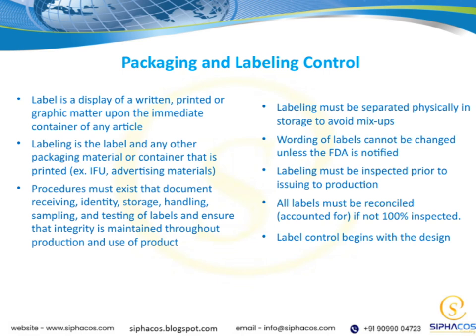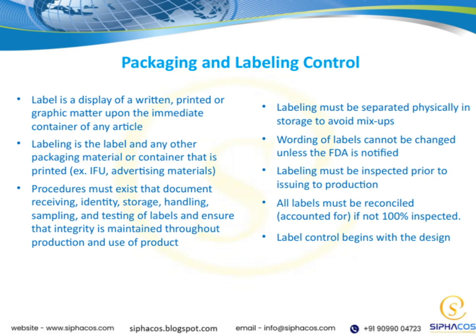Labeling control actually starts right at the design phase. A label is more than just a sticker. It's a display of written, printed, or graphic matter on the immediate container of an article. But it also includes other packaging materials, like instructions for use or advertising materials, that are printed and associated with the product.